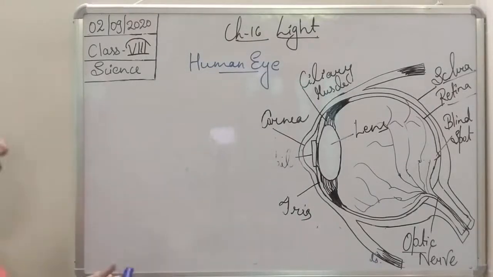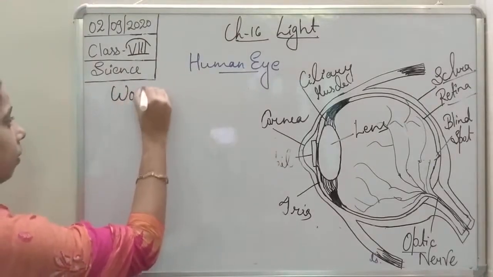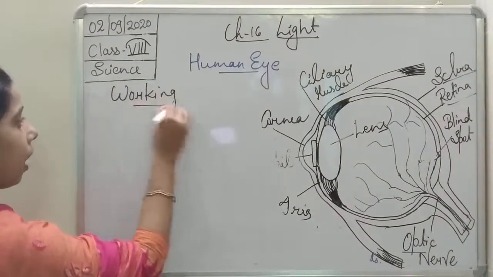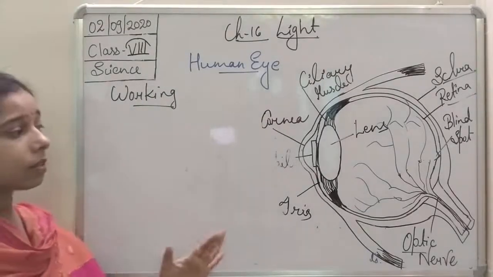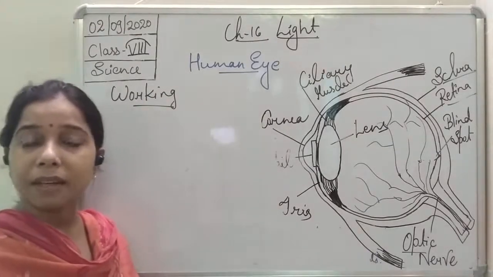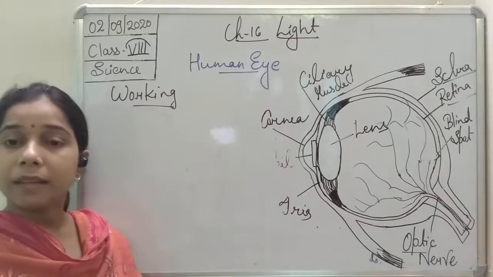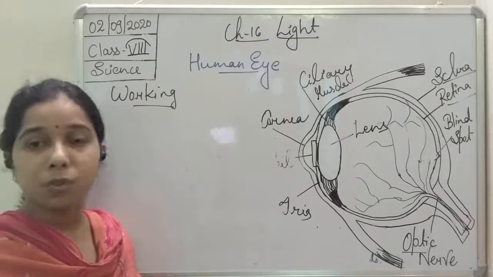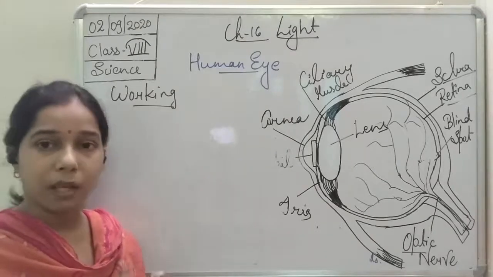If we talk about the working of the human eye, basically this eye works like a camera. What happens with the camera, students? A camera forms an image which is real and inverted. And the same thing happens with our eye also.